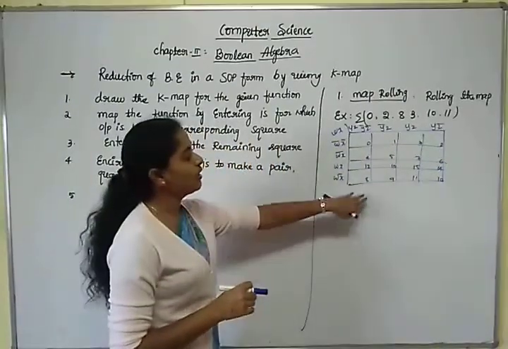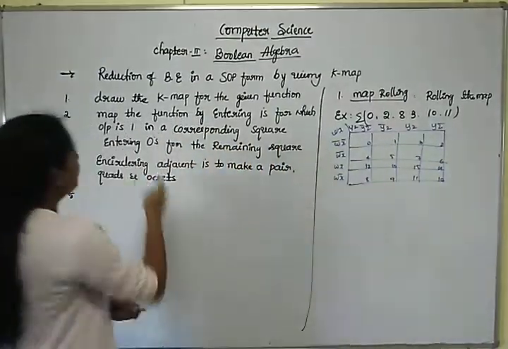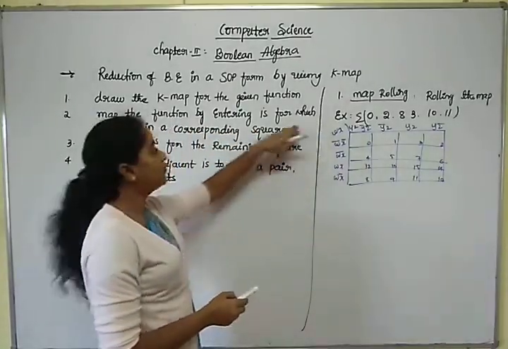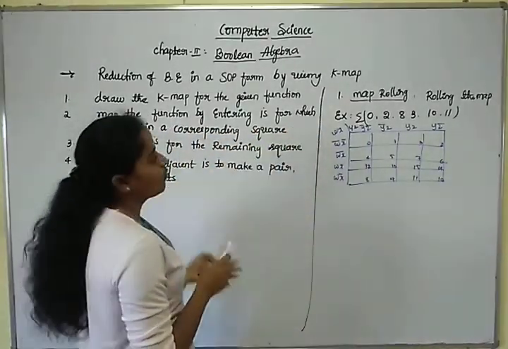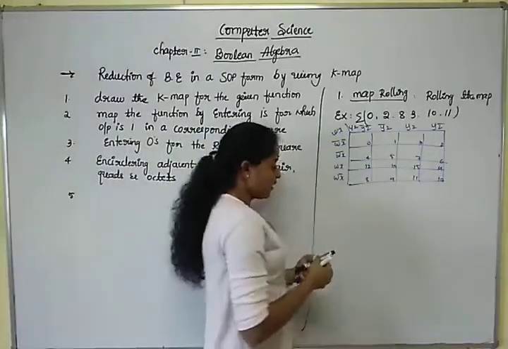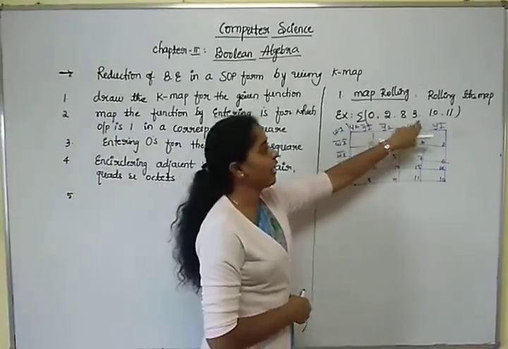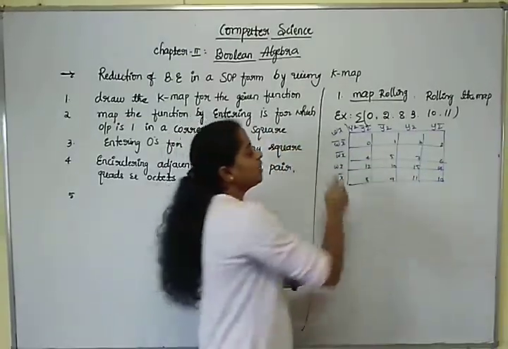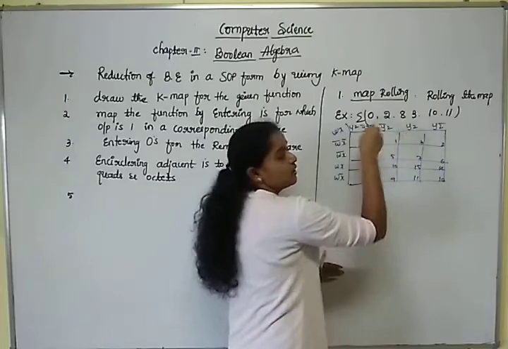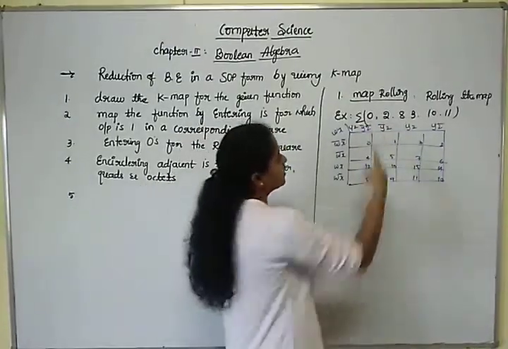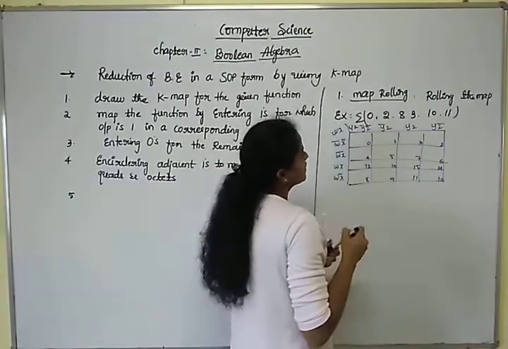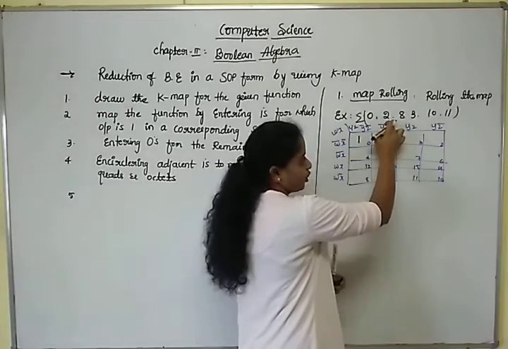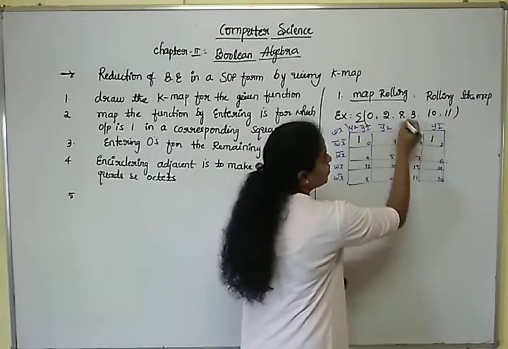After drawing the table, now we have to map the function by inserting ones for the given inputs where the output is 1 in the corresponding square. Here they have given 0, 2, 8, 3, 10 and 11. So we insert a 1 in the given squares for this function. Here they gave 0, so we insert a 1 in the square m0, and they gave 2, so we insert 1 in m2.